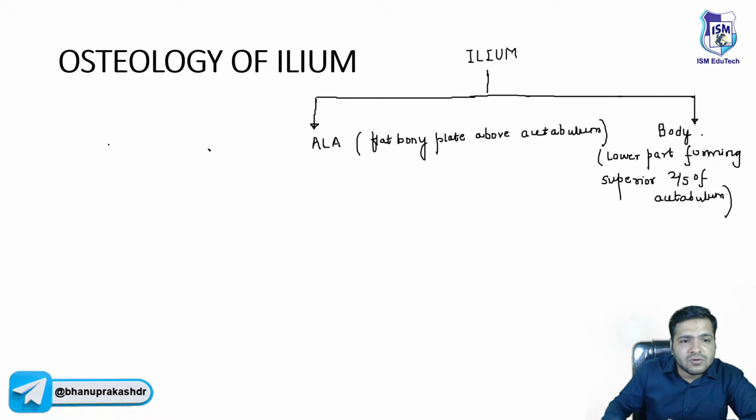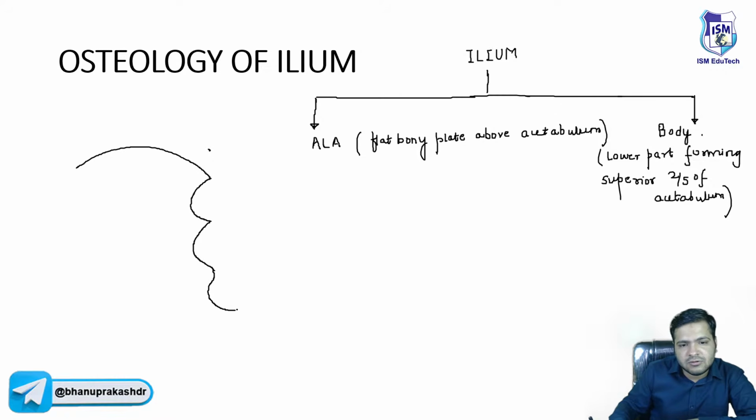Sorry, beta. So remember that we have this iliac crest above. Anterior superior iliac spine, anterior inferior iliac spine.